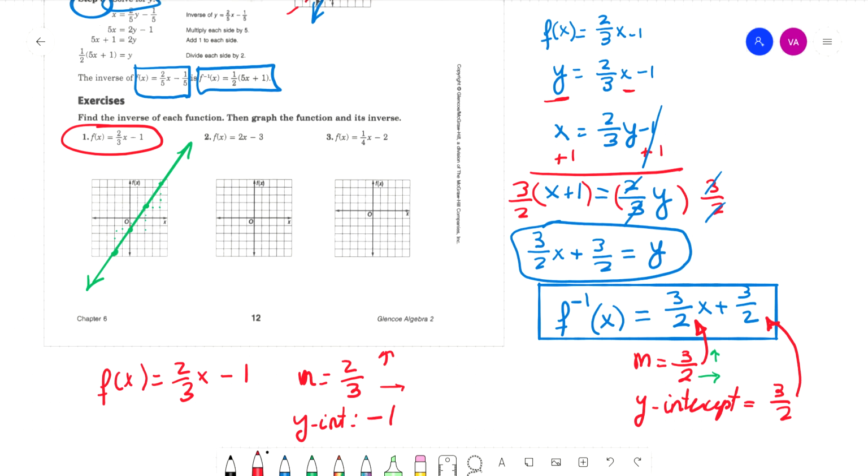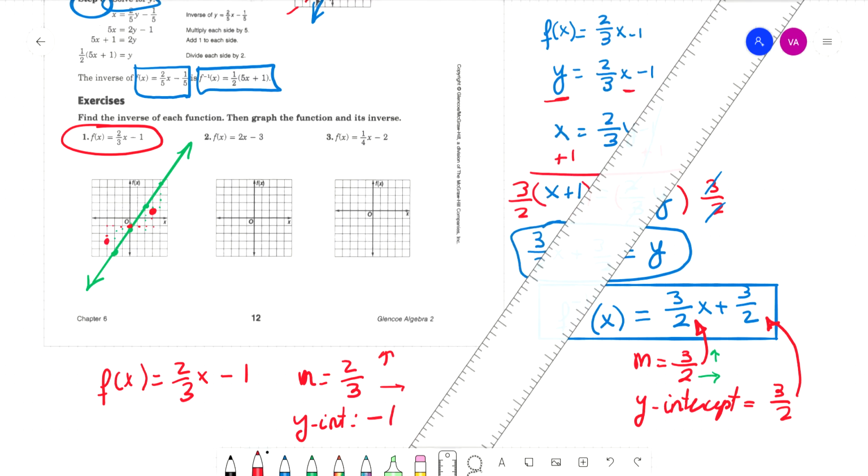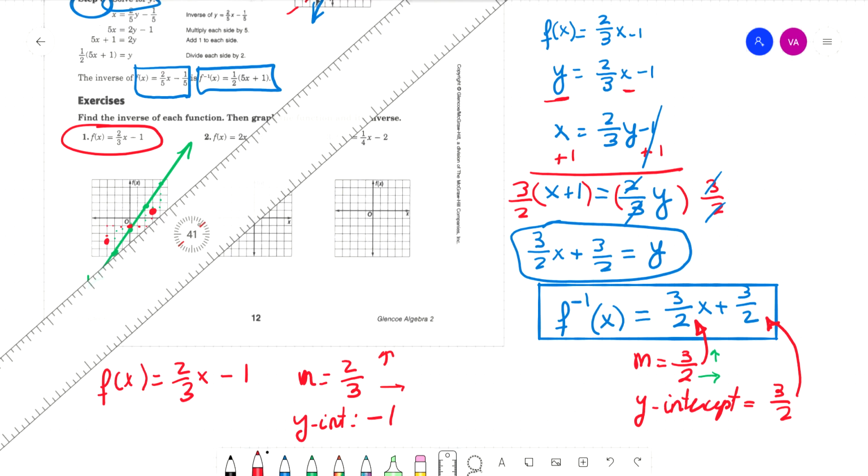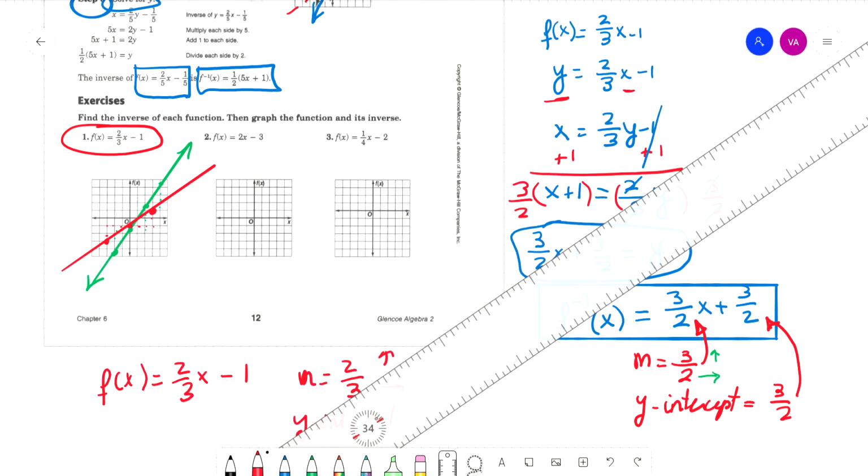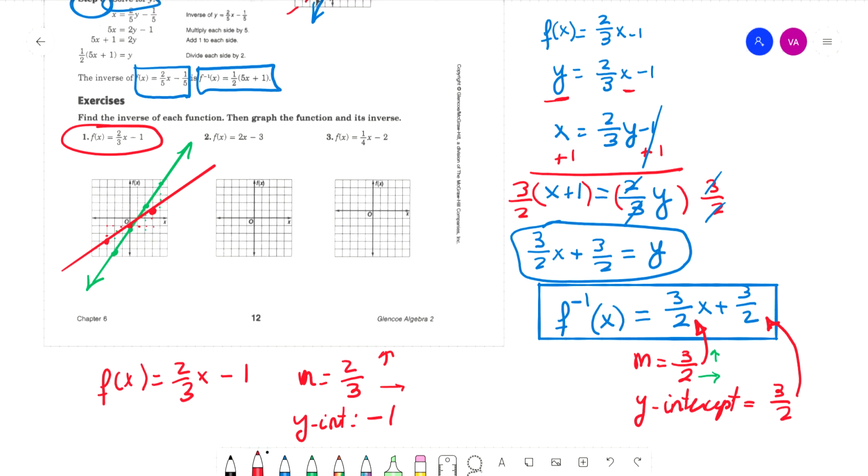I can go backwards. And now I'm going to trace my new line, the original function, and you see that you always get some symmetry that you can see there.